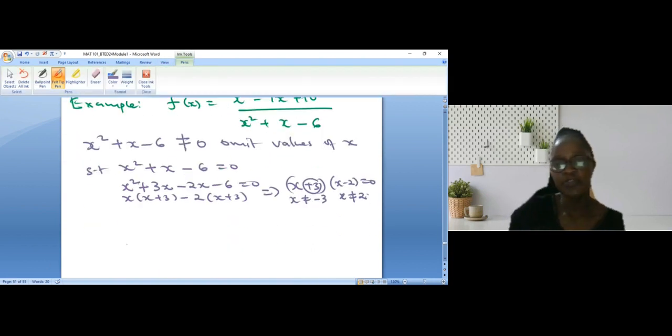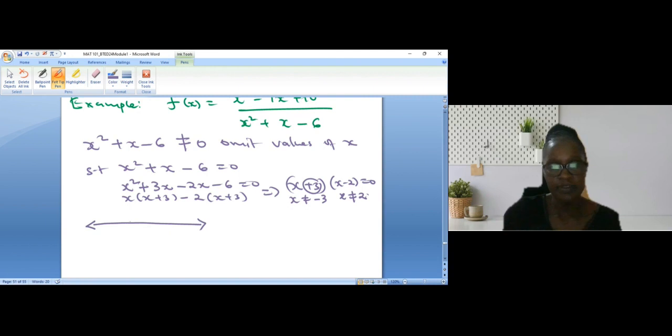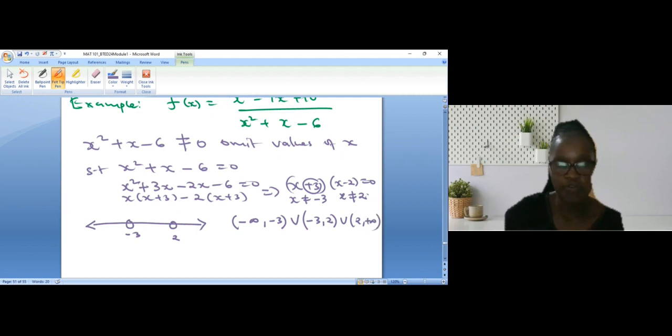So you have the domain of the function. You take the set of real numbers, remove negative 3, and also remove 2. So this would be negative infinity to negative 3 union negative 3 to 2 union 2 to positive infinity. So you are removing these points in the interval.